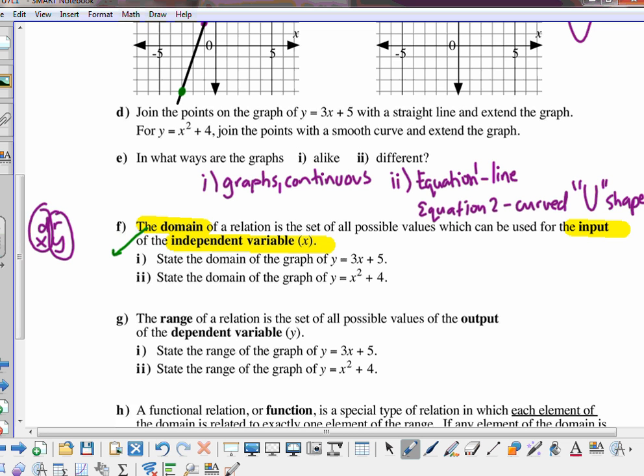Left and right. How far left and right? And range then would be how far up and down. So range, how far up and down, because range is with y. Y is the vertical axis. So how far up and down?